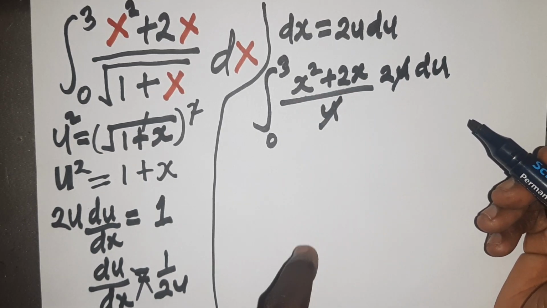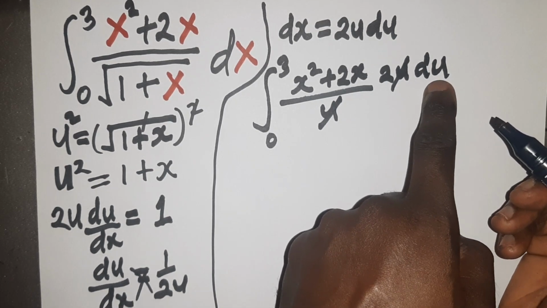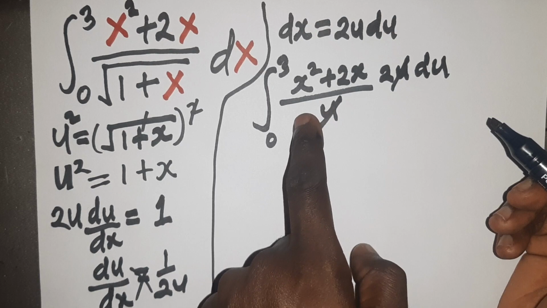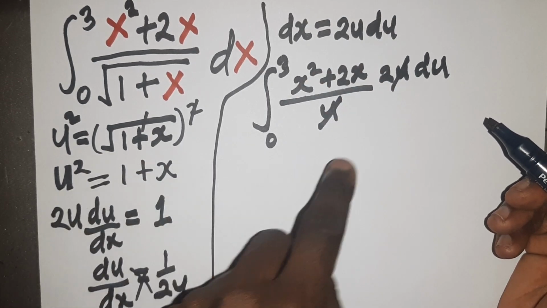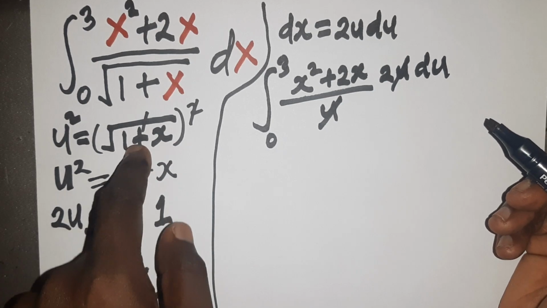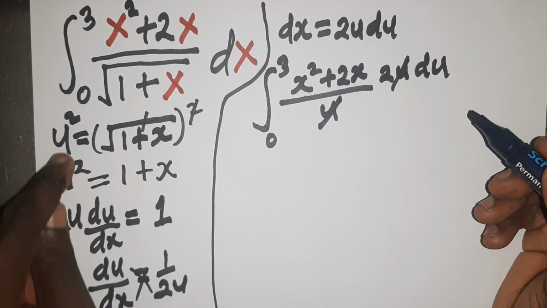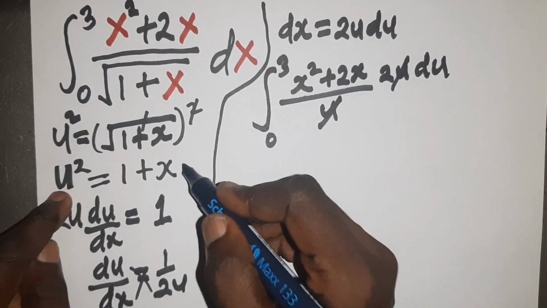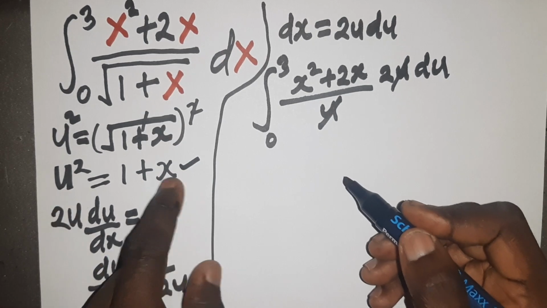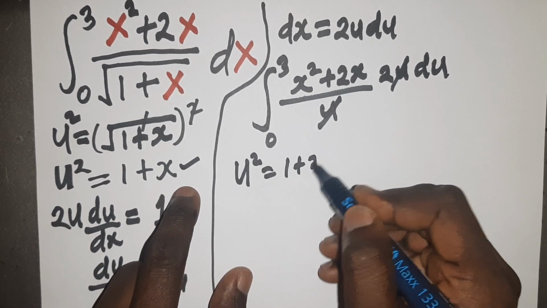But this doesn't make sense because now I have to differentiate with respect to u, and I have the variable x here. So let me go back to this and make x the subject, and then replace the values here with my variable x. So I have, let me come right to this equation here. So I have u squared equals 1 plus x.